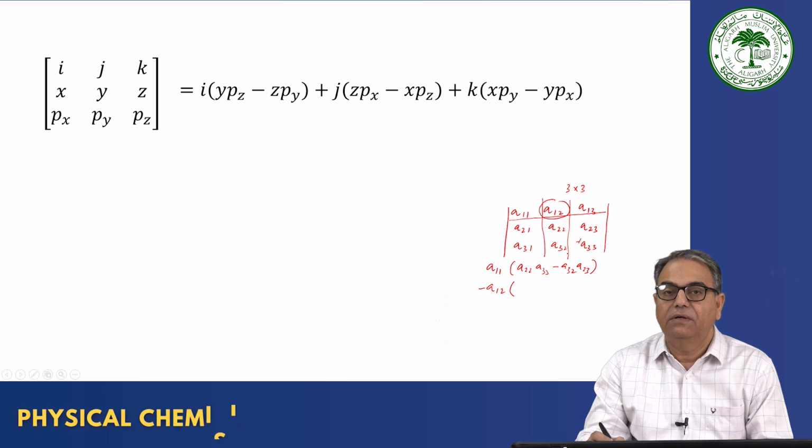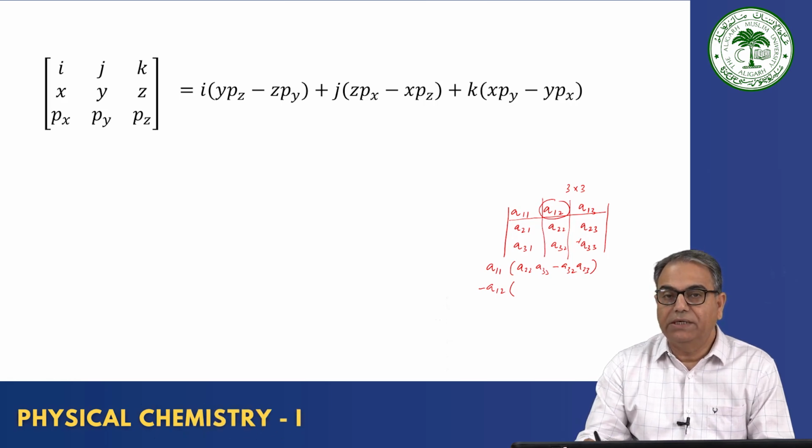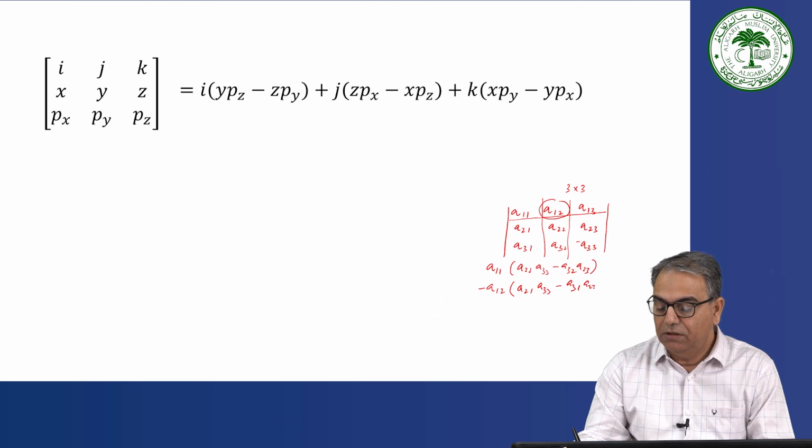Again you have a 2 by 2 matrix, A21, A31, A23, A33. So from this, you can write A21 A33 minus A31 A23, okay. And then after writing this one, again you write the third term plus A13.